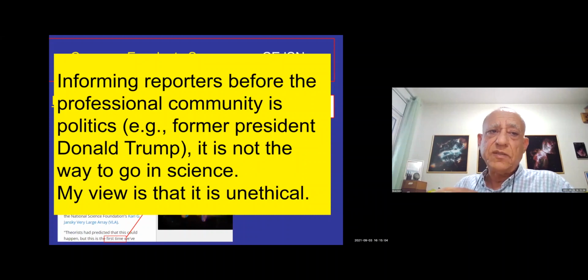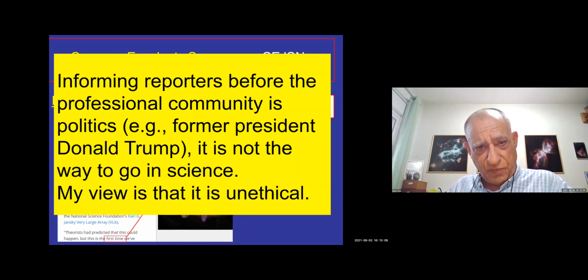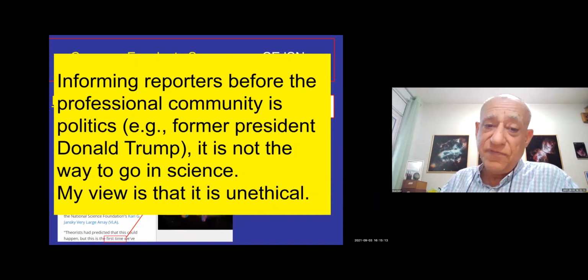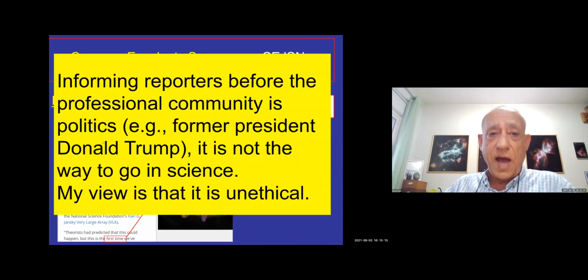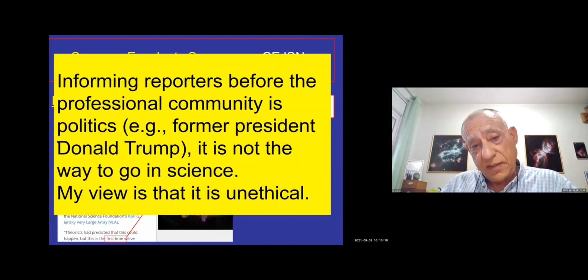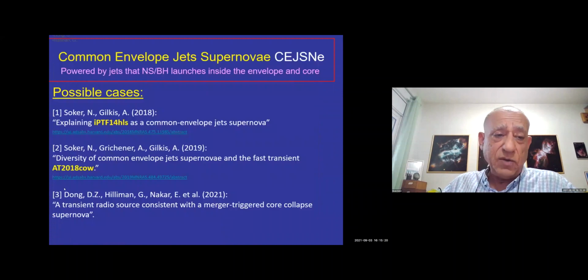And I think that informing reporters before the professional community is politics. It is not the way to do science. My view is that it is unethical. I'm unhappy about it, but the system that they observe, I count as another example of a common envelope jet supernova, though they have another name for this scenario.